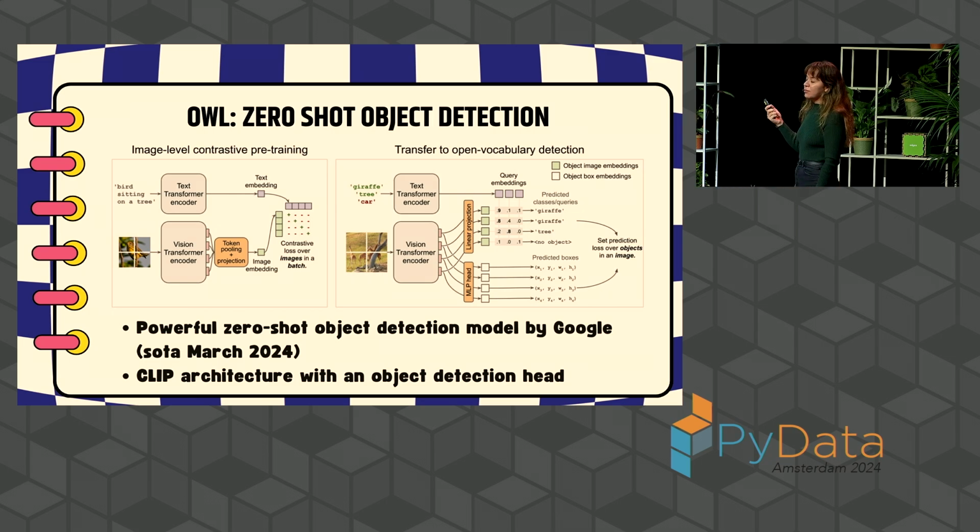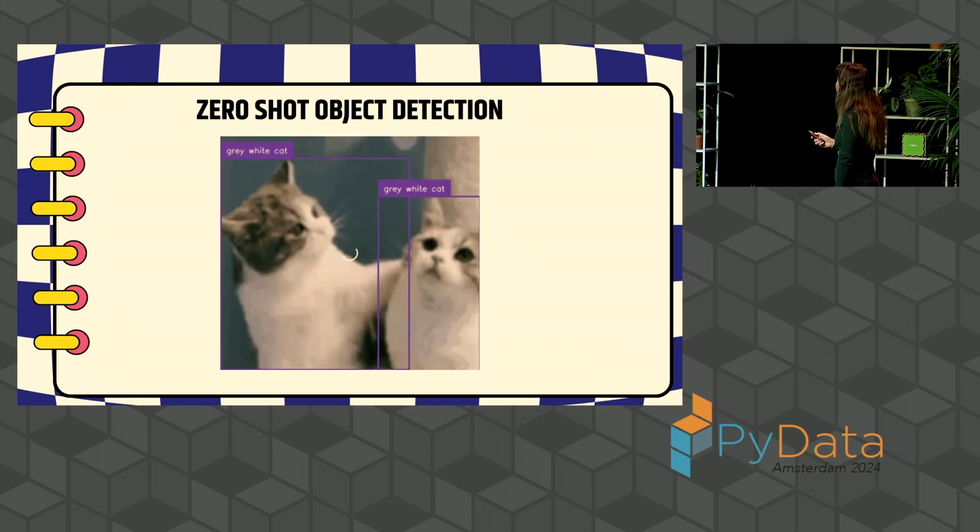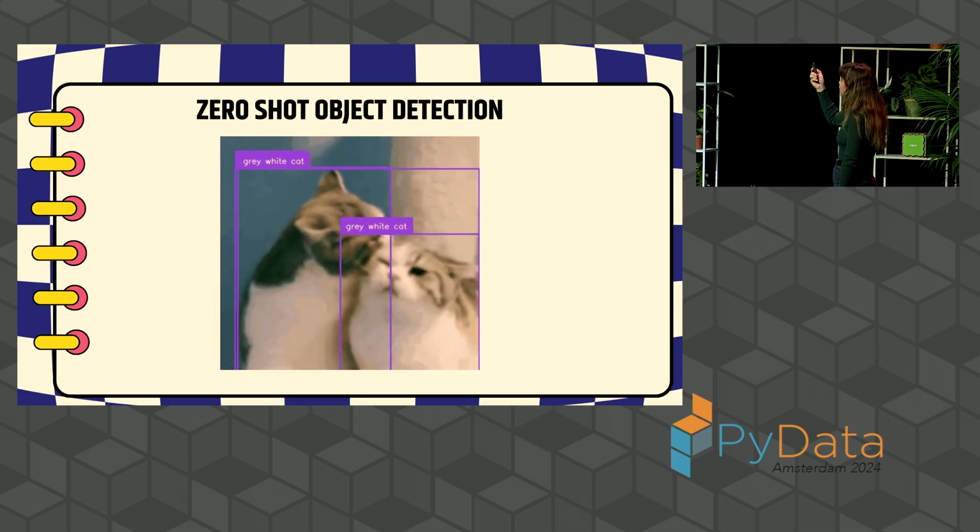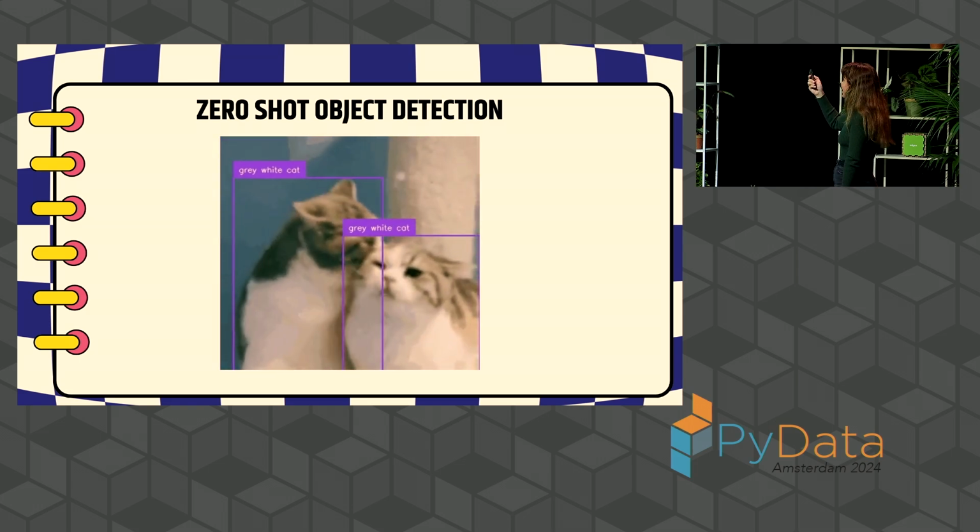And the V2 version of OWL is the state-of-the-art zero-shot object detection. You can use it for stuff like, for instance, if you have an object detection problem and you do not have the labeled data, you can start labeling the data with this one. So for instance, this is how it's used for tracking.